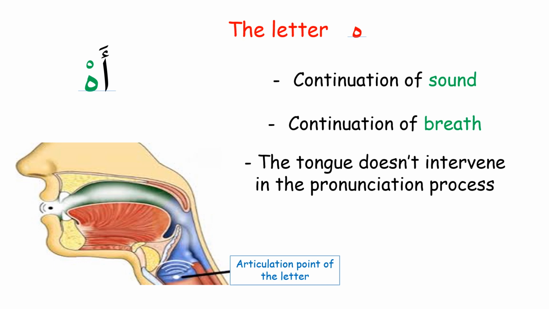Also, for the letter Ha, breath flows forcefully despite the restriction of the air passage due to the movement of the vocal cords towards each other while pronouncing the letter Ha. Be careful, they only get closer, no collision. Ah.